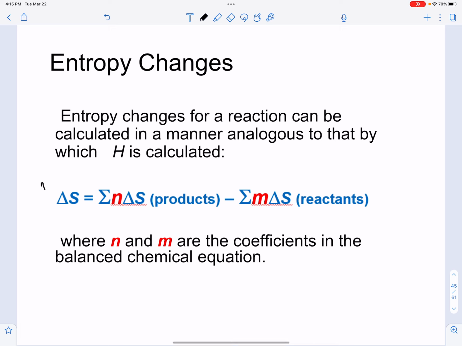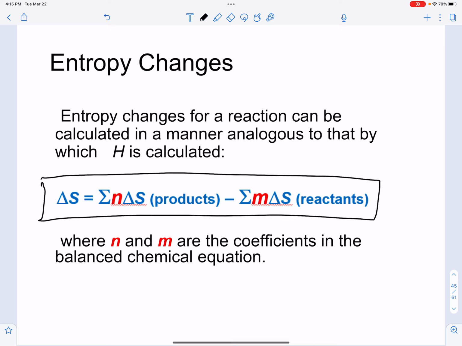And this is how we're going to use the standard molar entropies of formation to calculate the entropy of a system or a chemical reaction with a specific number, not just positive or negative.